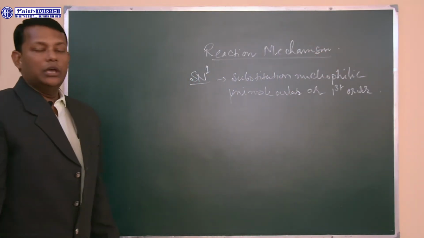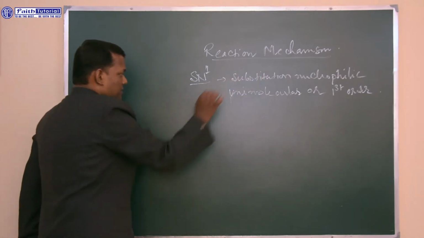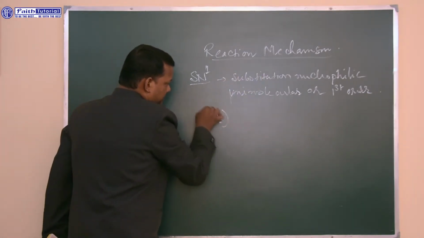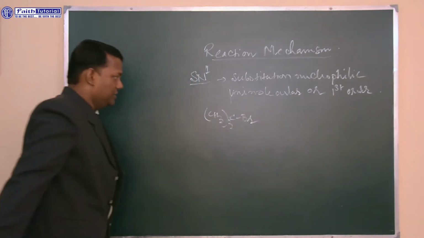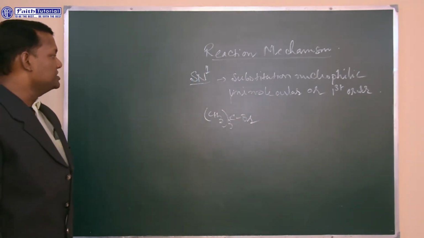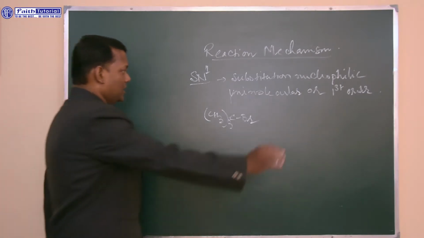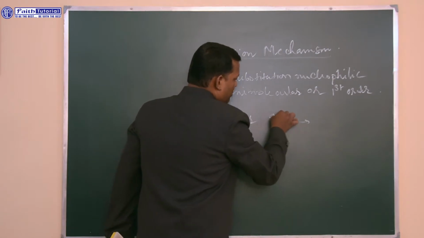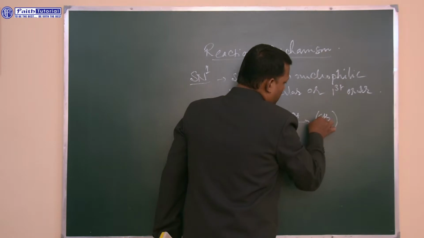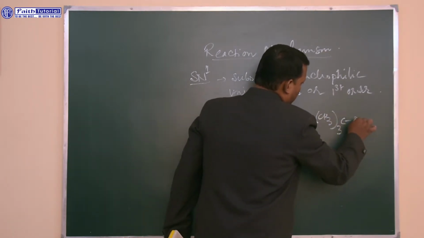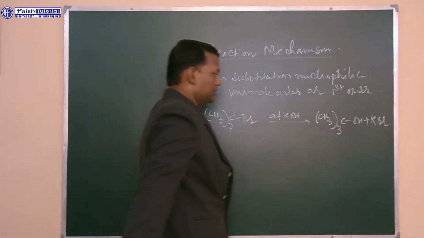In this reaction, generally tertiary alkyl halide takes part. Suppose we are taking tertiary butyl bromide, (CH3)3CBr, known as tertiary butyl bromide. When aqueous KOH is given to this, it will give you tertiary butyl alcohol along with the formation of KBr.